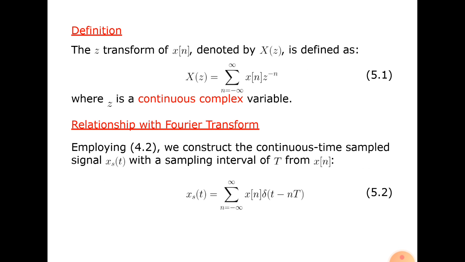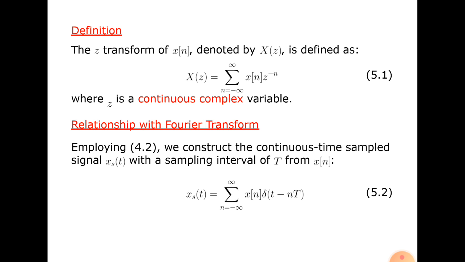Definition: the Z transform of x of n is denoted by X of z, which is defined as X of z equals summation n equals minus infinity to plus infinity x of n into z power minus n, where z is a continuous complex variable.